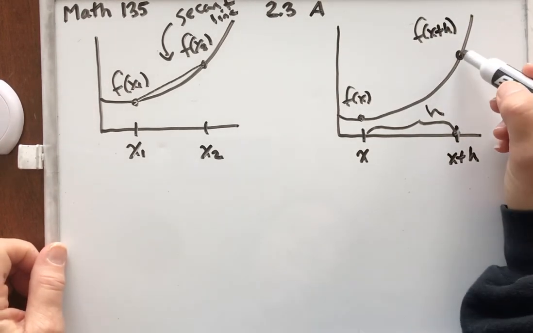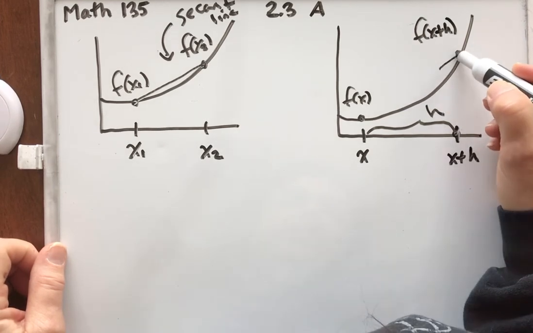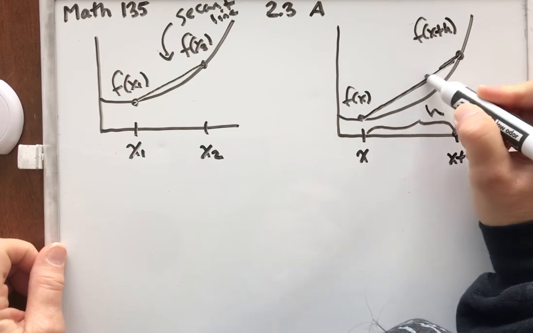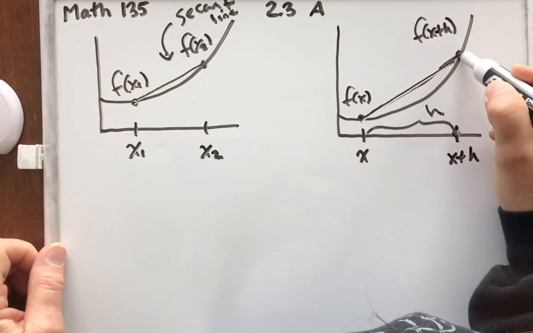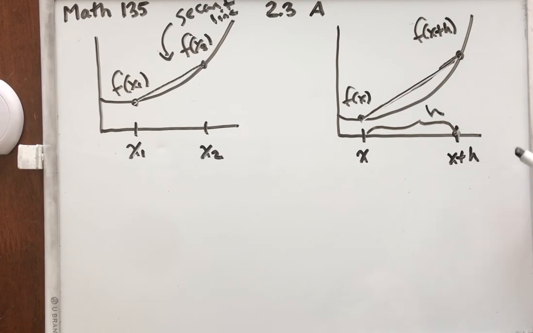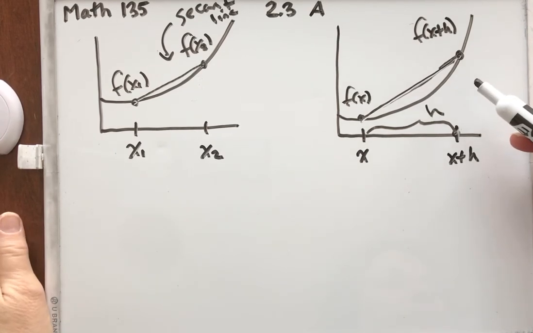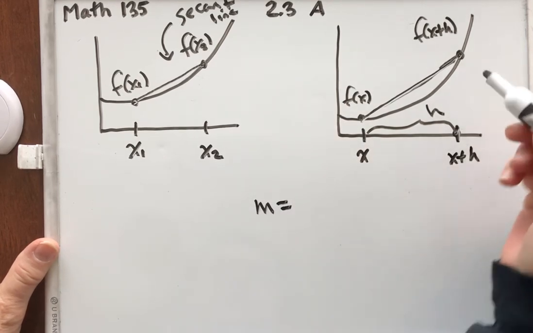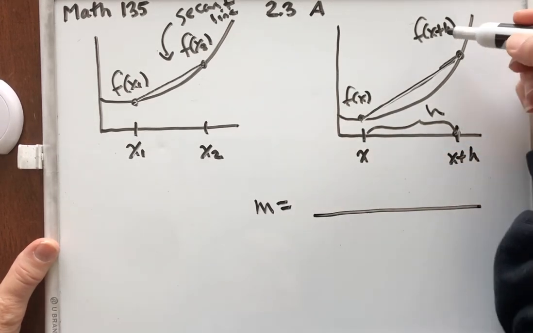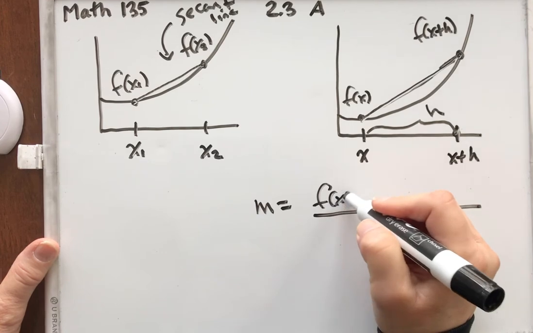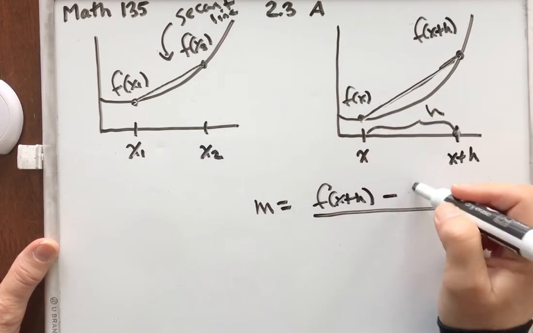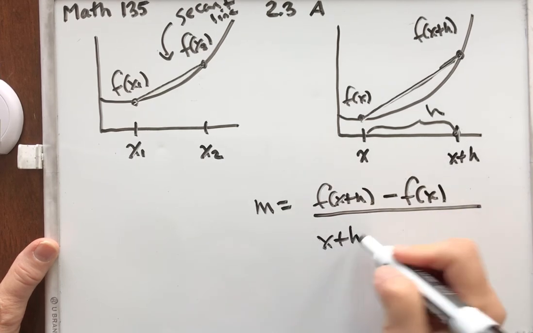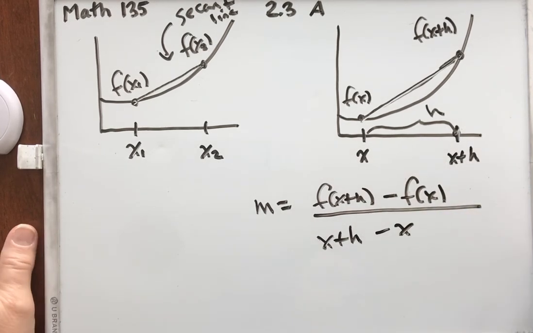Okay, so we're going to draw this line right here, and that is the slope. We're going to find the slope. Actually, that's the secant line, which is the average rate of change. Okay, if we wanted to find the slope of that line, we'd say f of x plus h minus f of x all over x plus h minus x.